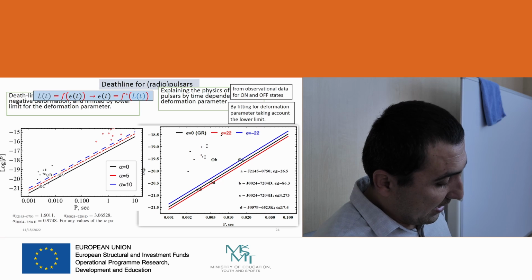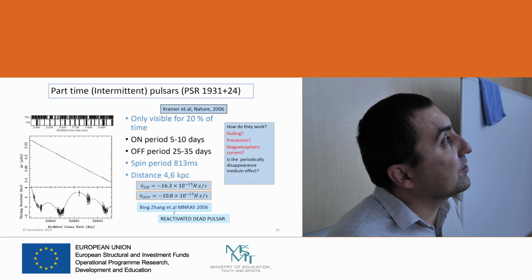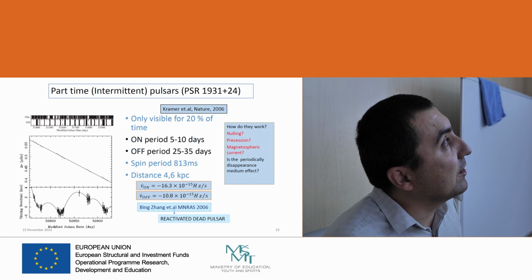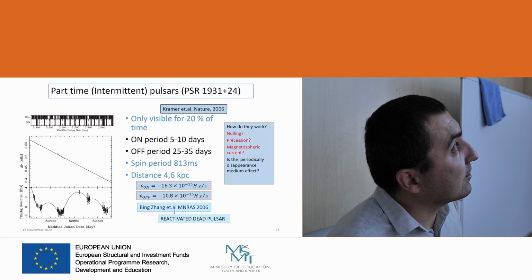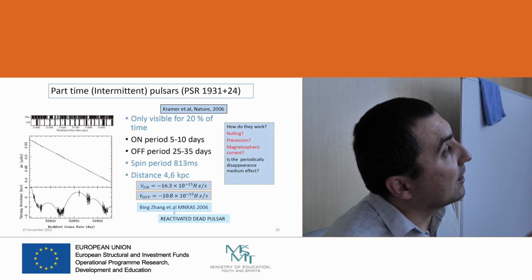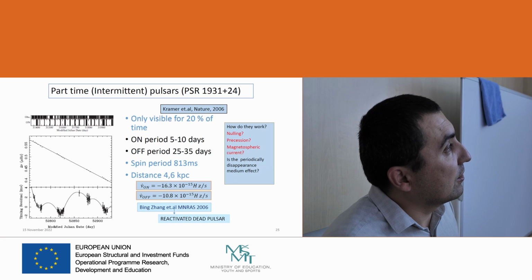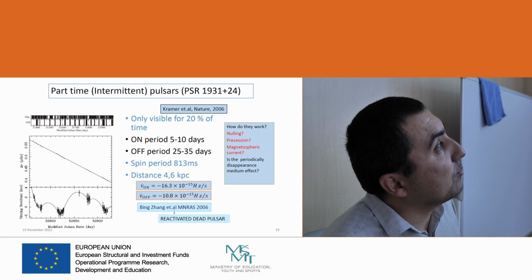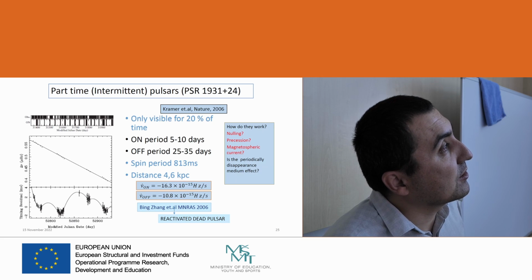And we can suggest this model for intermittent pulsars, part-time pulsars. There are some models. For the first time, a part-time pulsar was observed in 2006.